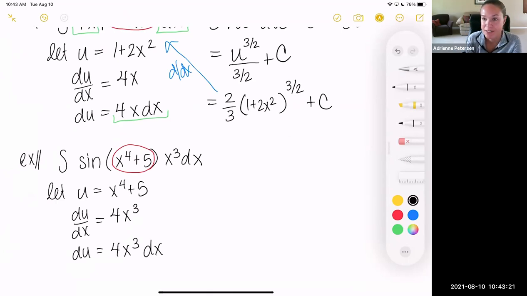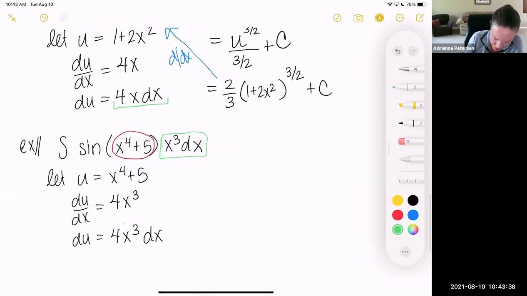Now, this one is a little bit different than our previous problems. Let's take a look at what we have inside our integral. What we have inside our integral is not 4x cubed dx. It is just x cubed dx. So I want to solve for what we do have inside our integral.